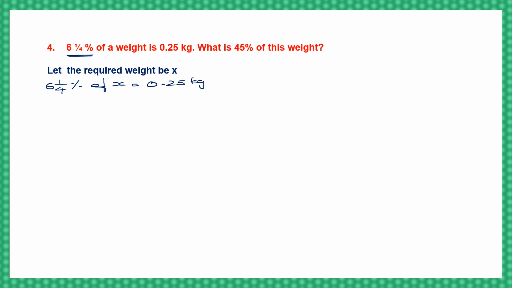Now let's work this out. So this is, let's multiply 6 fours are 24 plus 1, 25. That means 25 by 4% means divided by 100. So we'll make it 100 by 1. Put this in brackets. Of is into and x is equal to 0.25.